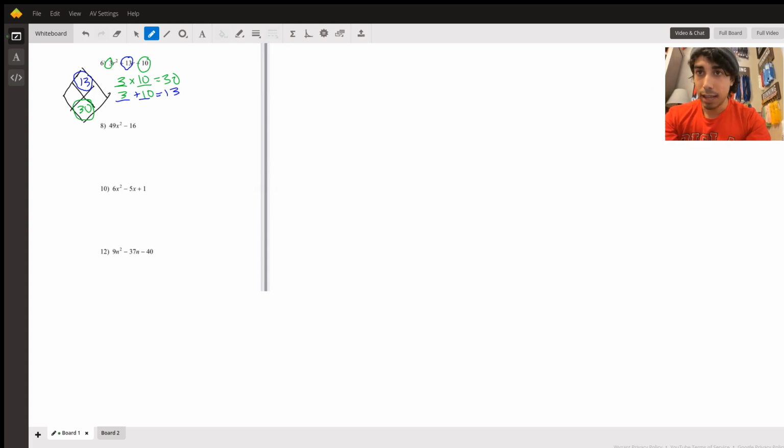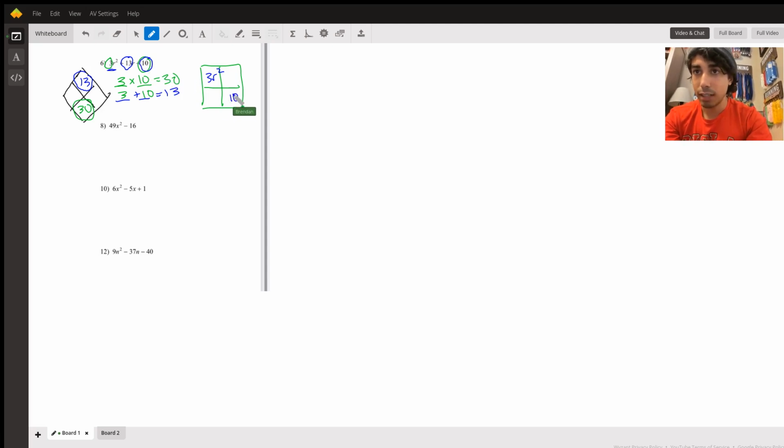Okay, so now we can take those numbers and use that to create our box. If you remember, what goes in the top left is that entire first term, that 3r squared. What goes in the bottom right is going to be C, that 10.